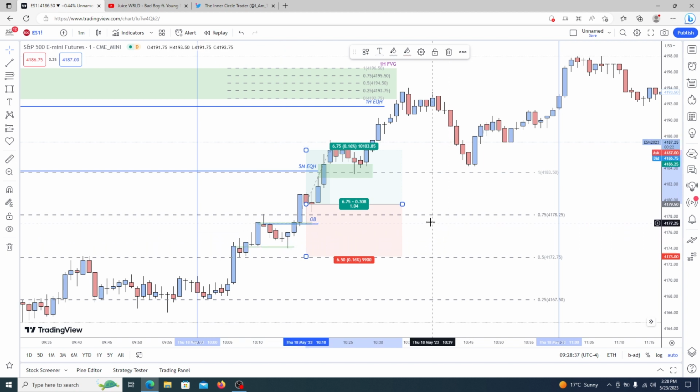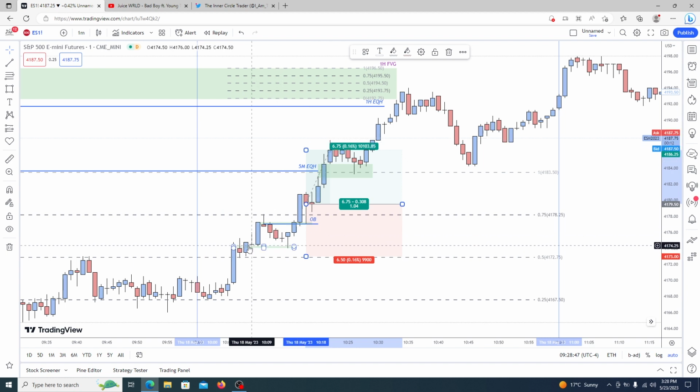It gets more leeway than the rest of ICT's PD arrays. So if price trades in and around this area, we can expect price to gyrate. So we give it some wiggling room by placing the stop below this low over here.